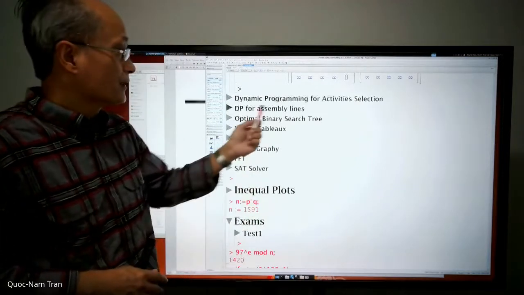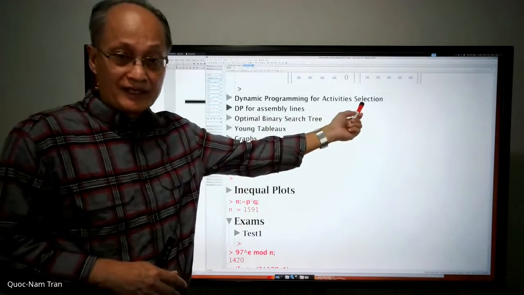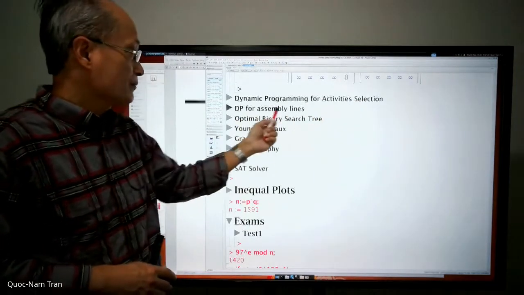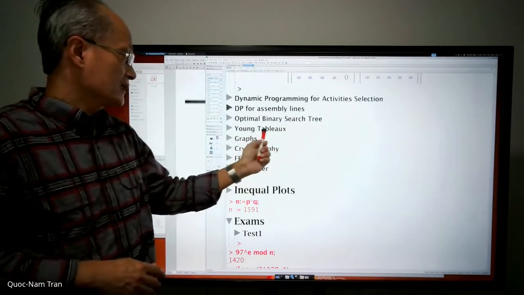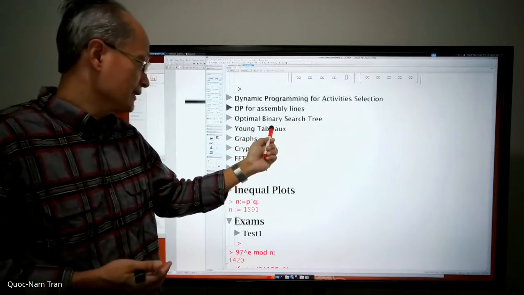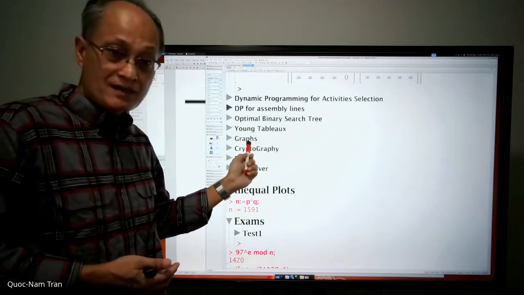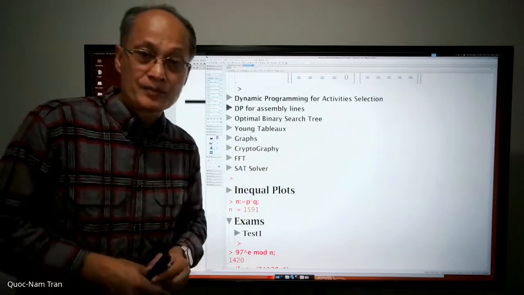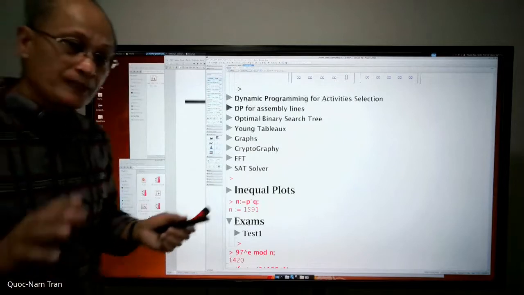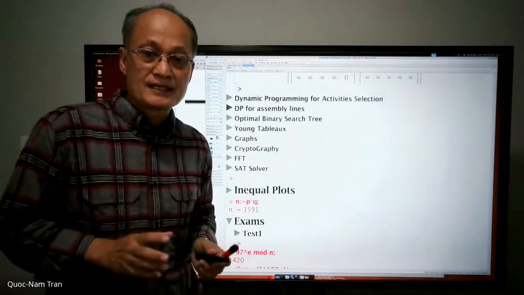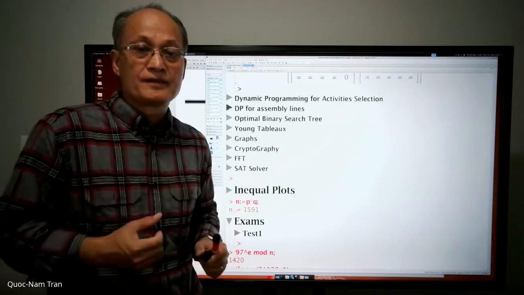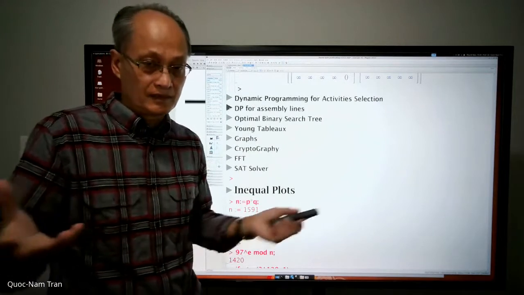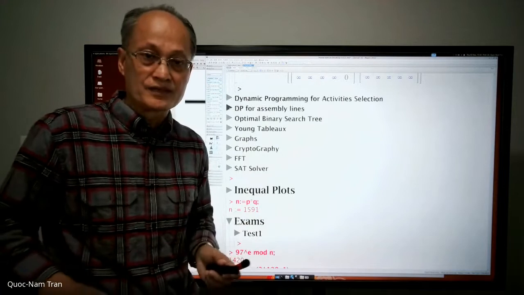For example, activity selection, right? And then assembly lines and optimal binary search tree and Young Tableau, right? And then graph theories also, we can use dynamic programming. So I just picked some problems that are very helpful for your future career also, right?